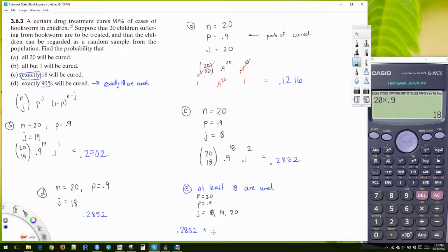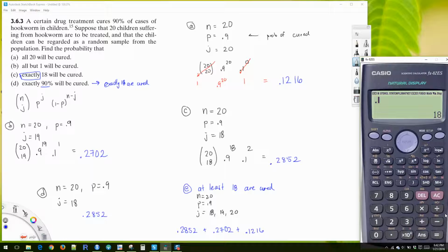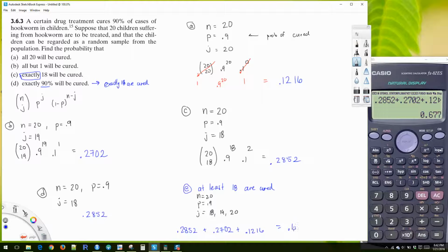That's 0.2702. And with j equal to 20, the answer is 0.1216. So if there was a question that says at least 18 are cured, then our answer would be the sum of all of these things, and our answer would be 0.677. Okay. All right. I hope that answers that question.